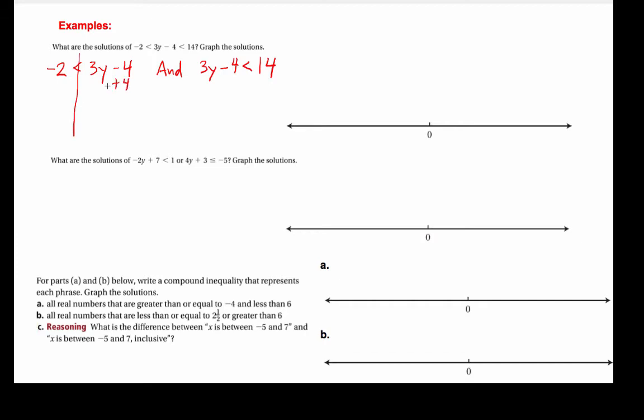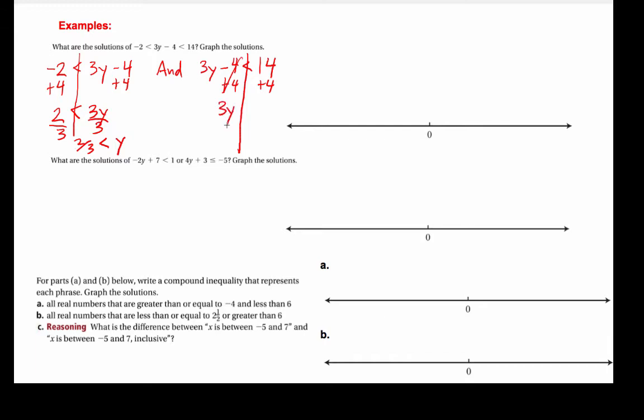Solve for y. We're going to add 4 to both sides. So on the left side we get negative 2 plus 4 is 2. On the right side we get 3y. Divide both sides by 3. We get 2/3 is less than y. Over here we're going to add 4 to both sides again.